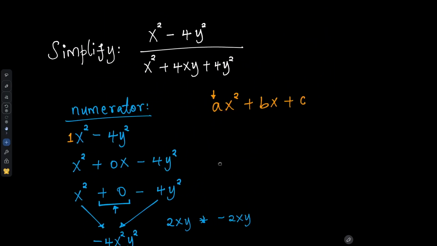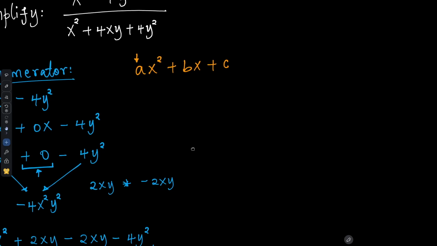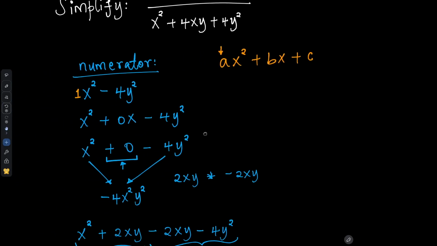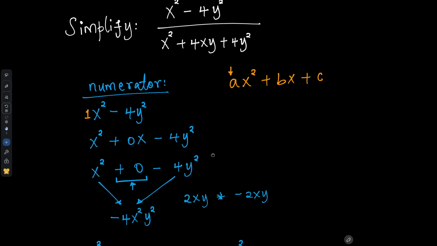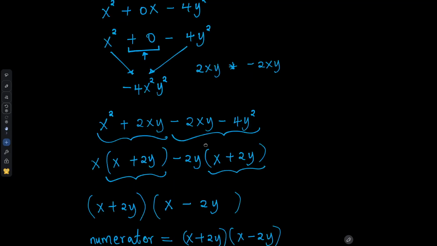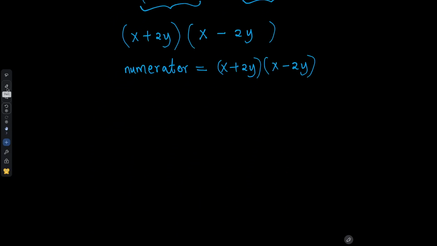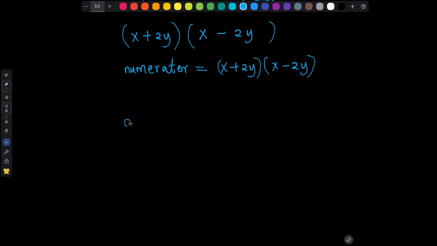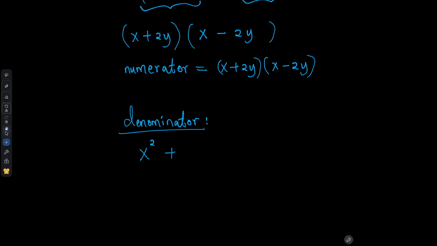On the denominator, we had x squared plus 4xy plus 4y squared. Let me just go back and check.